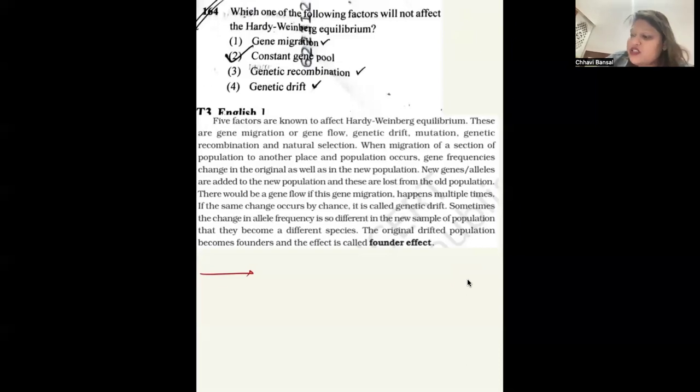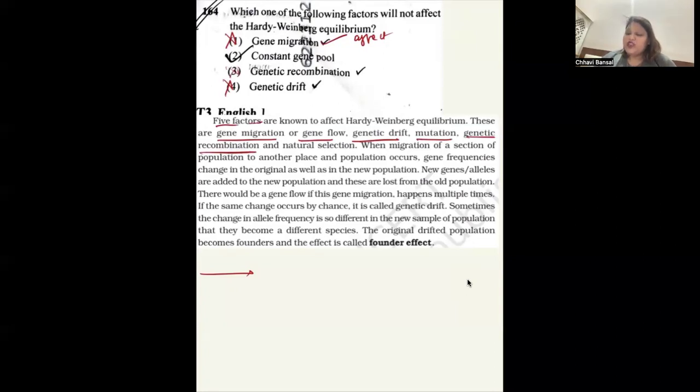Let's see which factors will affect the Hardy-Weinberg equilibrium. There are 5 factors given in NCERT which can affect it. Gene migration will affect it, so this cannot be the answer. Gene flow, genetic drift, mutation, genetic recombination also affect it.